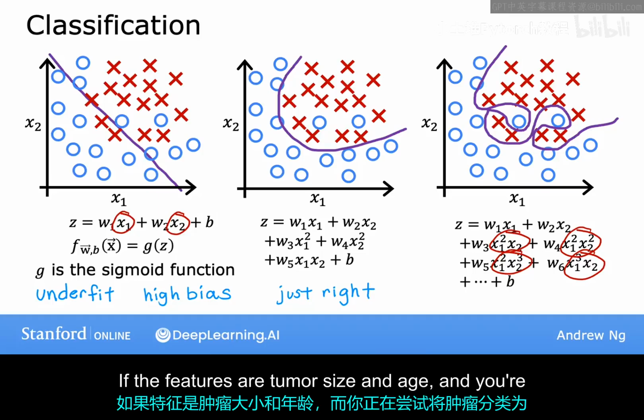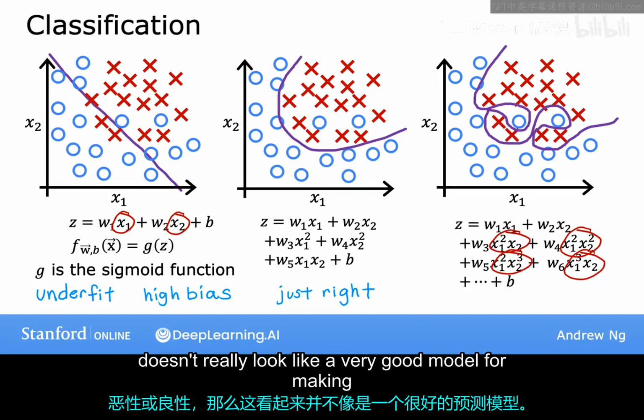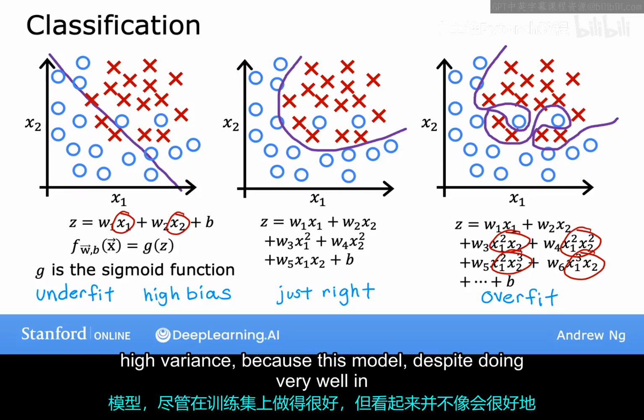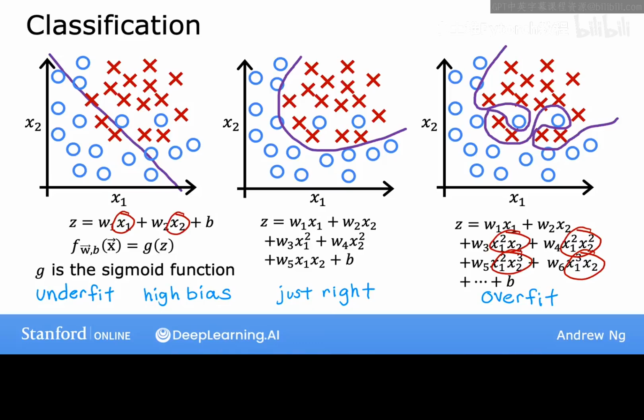If the features are tumor size and age, and you're trying to classify tumors as malignant or benign, then this doesn't really look like a very good model for making predictions. So once again, this is an instance of overfitting and high variance, because this model, despite doing very well in the training set, doesn't look like it'll generalize well to new examples.